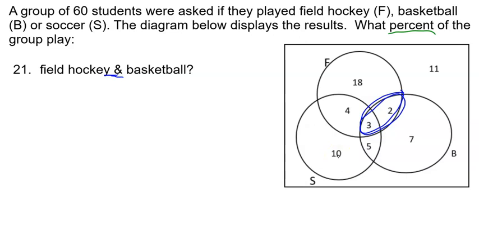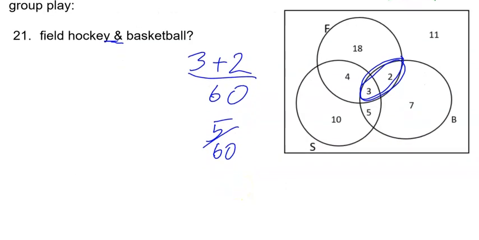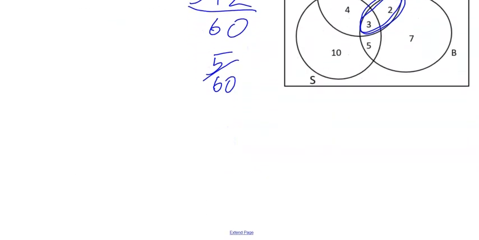So to write this as a percent, we're going to add up the numbers we're talking about. We're talking about the 3 and the 2, and we're going to divide it by the total number of students that we surveyed, which is 60. So 5 out of 60 is the probability, but they're not asking us for it as a probability. They want us to do it as a percent.